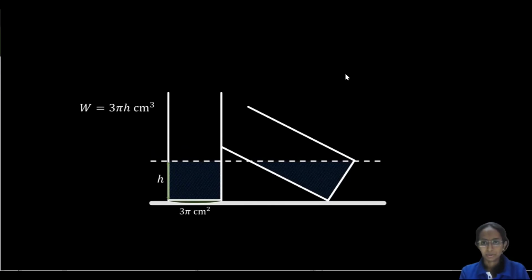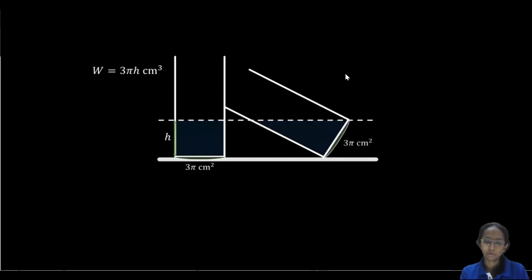Now we know that the volume of the water is the same for the other cylinder also, which is identical, with base 3 pi. What we are doing here is reducing the edge to the tip of the water where it is touching.